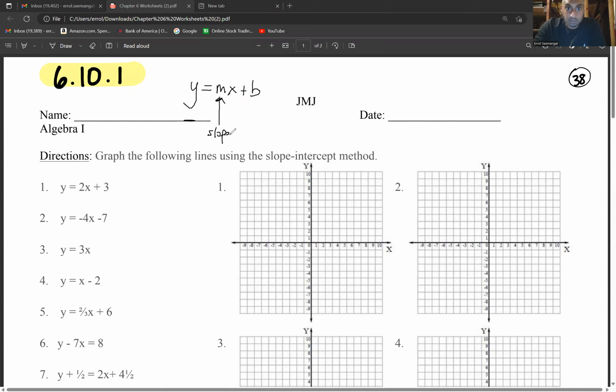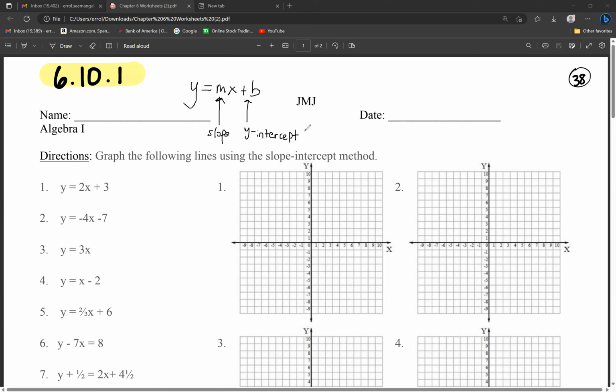And then what's b? What's the letter on the end here? Y-intercept. Do you know what that means? Where the graph intersects the y-axis. So just write this down in your notes, right?